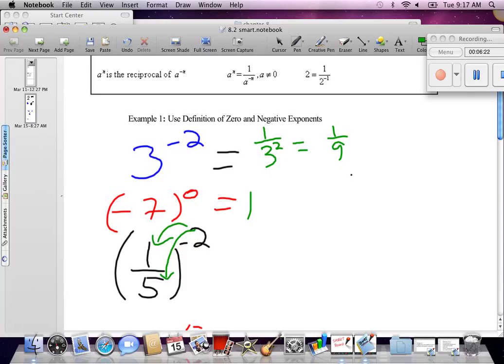We can't flip it first. 1 over 5 to the negative second. What's the reciprocal of it? To the second power. Everything goes to the second power. So it's 5 squared. 5 times 5 is 25. And 1 squared is simply 1, right? So your answer is just simply 25.